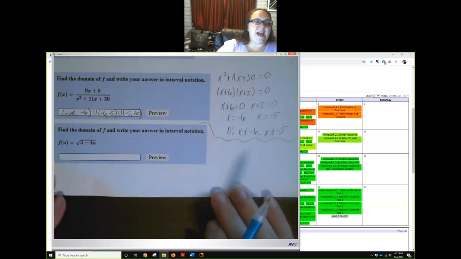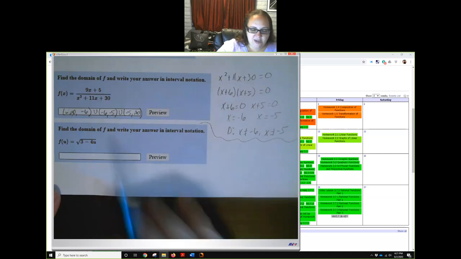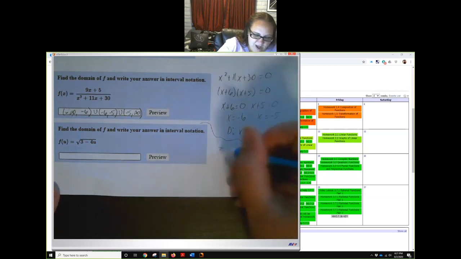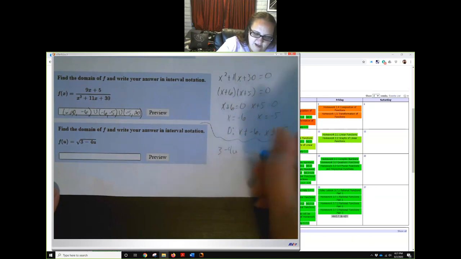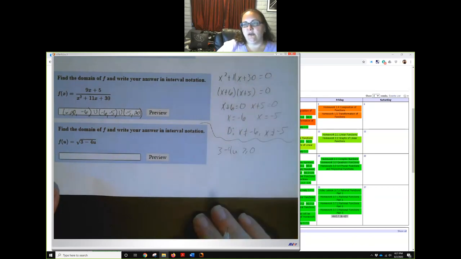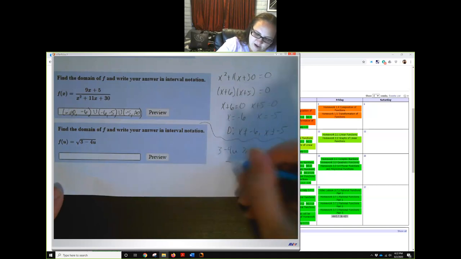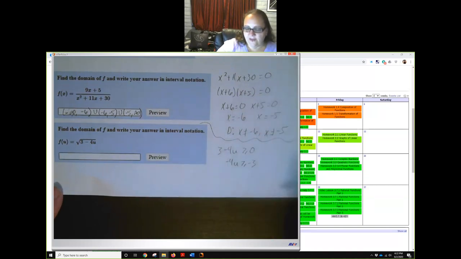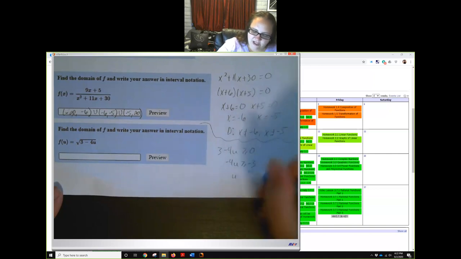And then for a radical function, the domain, you can't put a negative number under a radical. So what we're going to do is we're going to say, okay, well, where is this greater than or equal to 0? Because that's what matters. We need this to be either 0 or positive. So I'm going to move the 3 over. And then I'm going to divide by the -4. And when I do that, the sign flips.